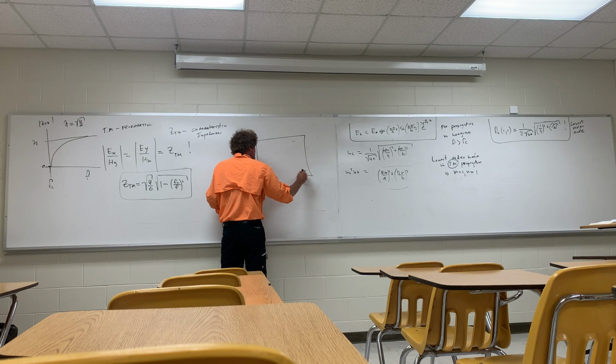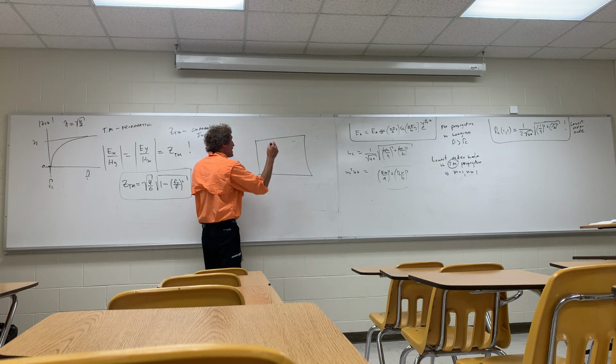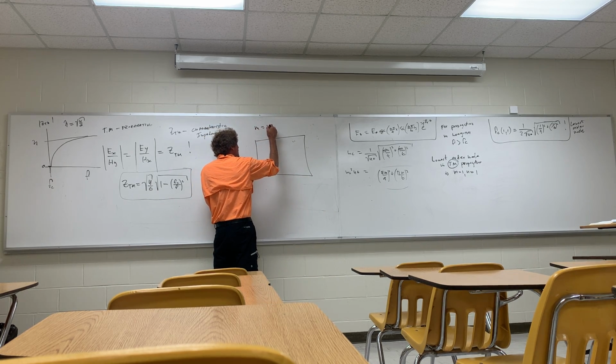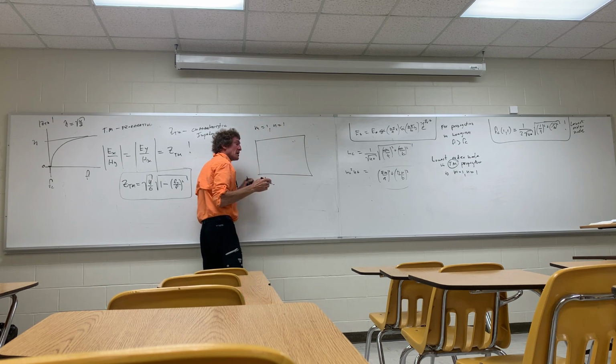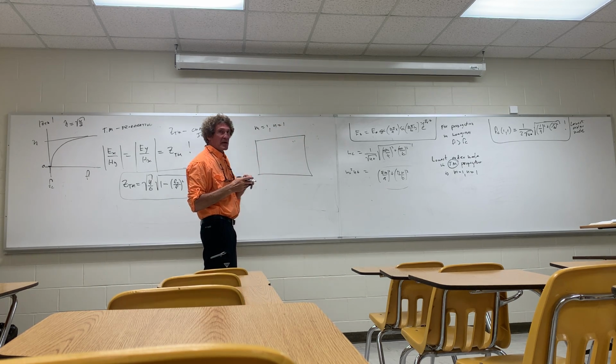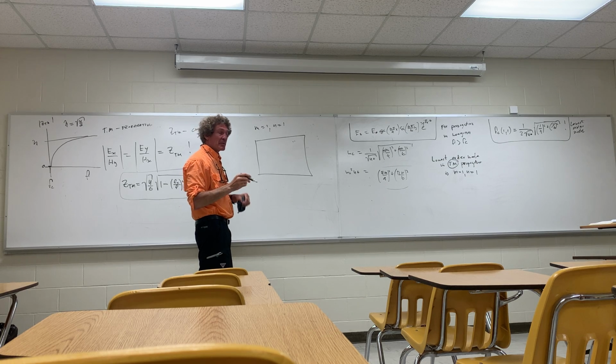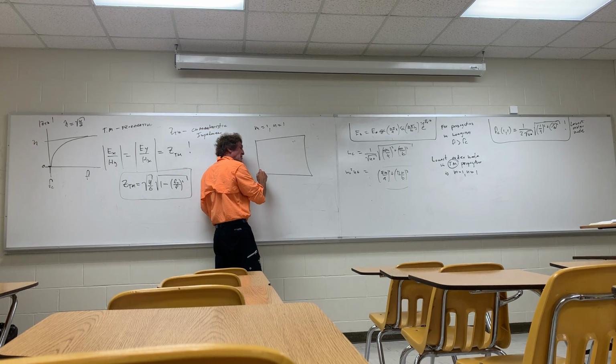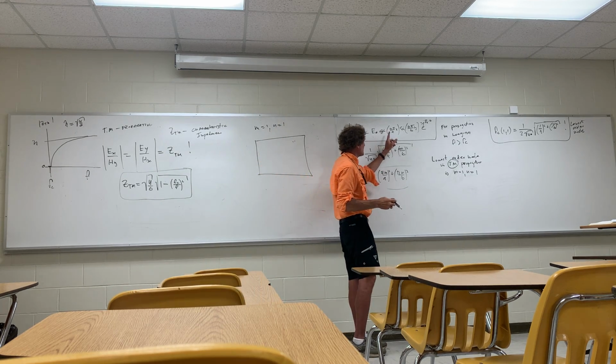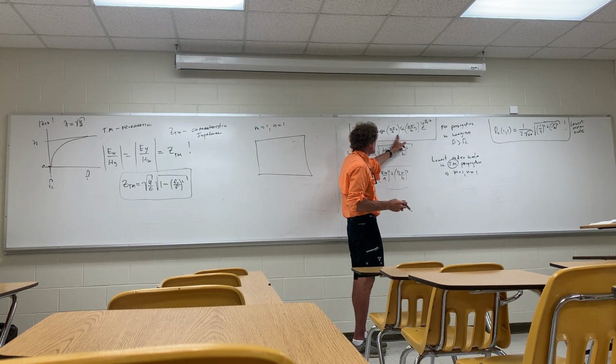Here's my cross section, my guide. If you have M equals 1, N equals 1, in that mode right there, and propagation is occurring, here's what's really happening. I know that the E field for 1, 1, the value of M equals 1, means the variation of the E field in the Z direction versus X has a sine wave form.